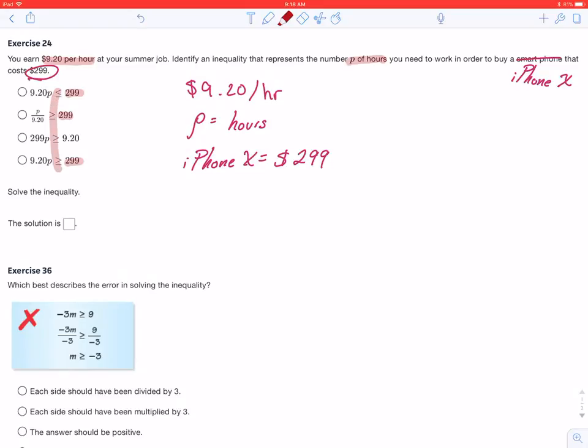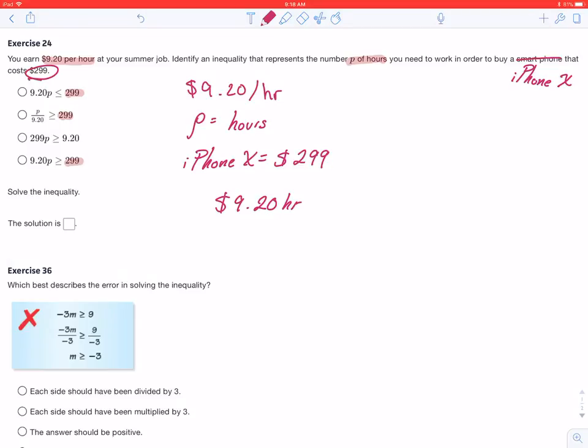They all have an equal sign, so we just need to figure out what symbol is going to refer to the amount of money that we have as greater than. Well, how much money do we have? We don't have a certain amount. What we're trying to figure out is how many hours do we need to work in order to be able to purchase this. Well, we make $9.20 an hour.